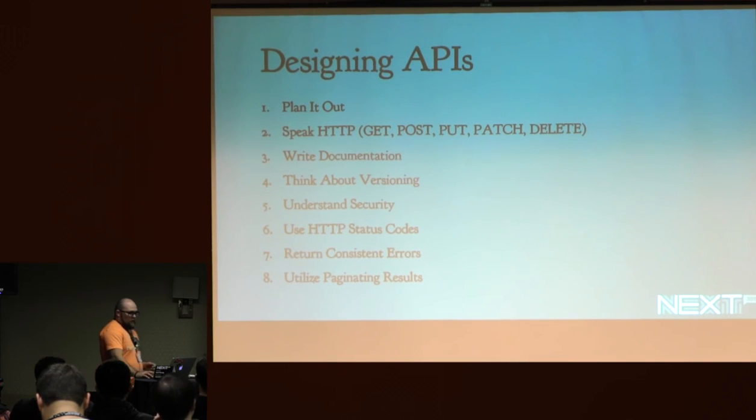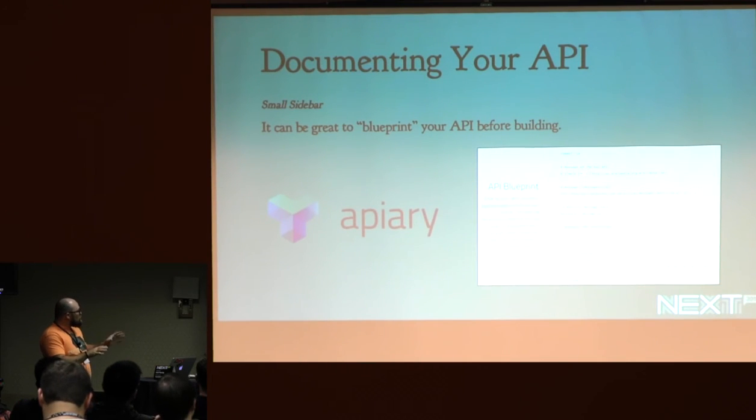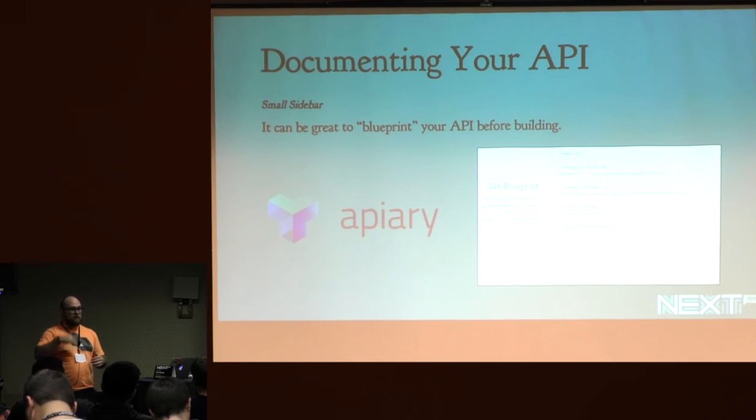From the documentation standpoint, I've been a pretty big fan of a tool called Apiary recently, and it allows you to basically define your API as a blueprint, they call it, but it's really a documentation standard for defining what the API should look like, what the request should be, what the response should be.